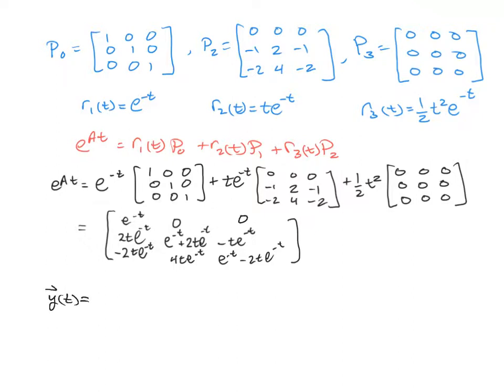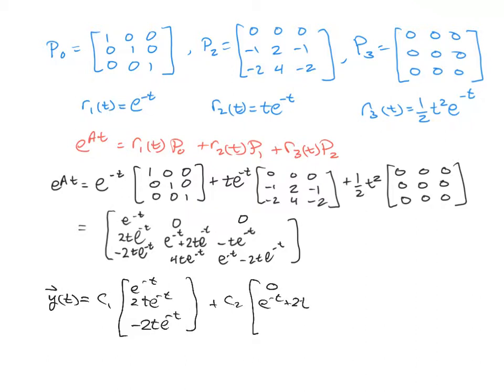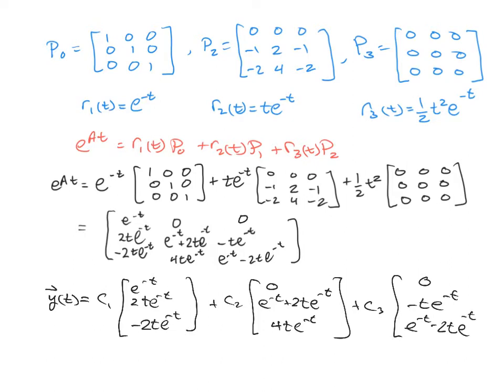So that's y of t is c1 times the first vector, plus a constant c2 times the second vector, and now because it's 3x3, a third constant c3 times the last vector of 0, negative t e to the negative t, and e to the negative t minus 2t e to the negative t.